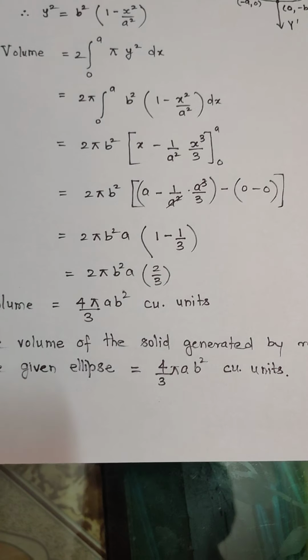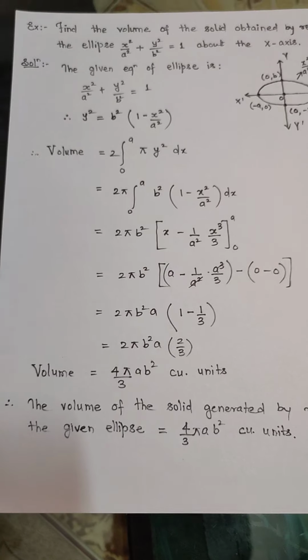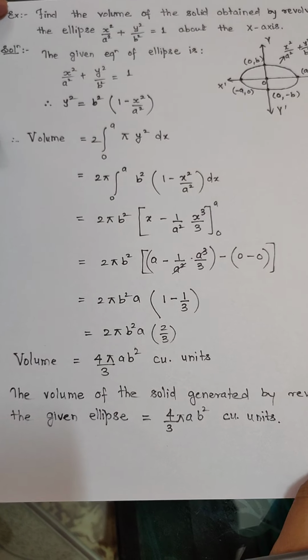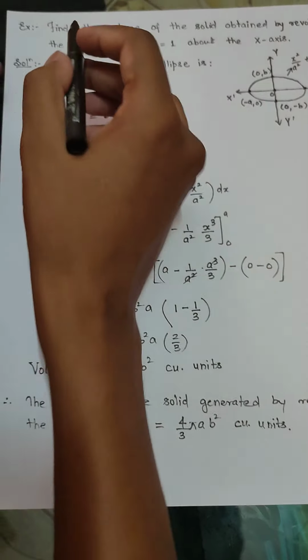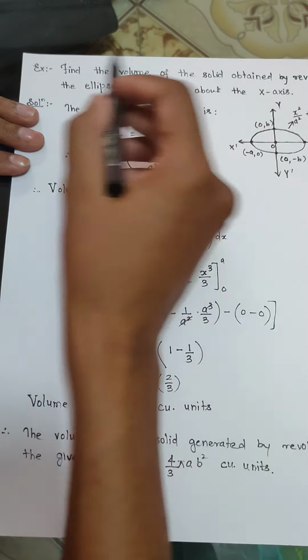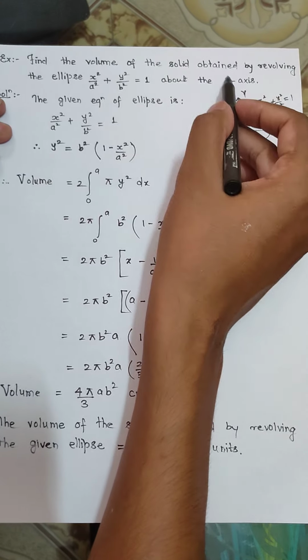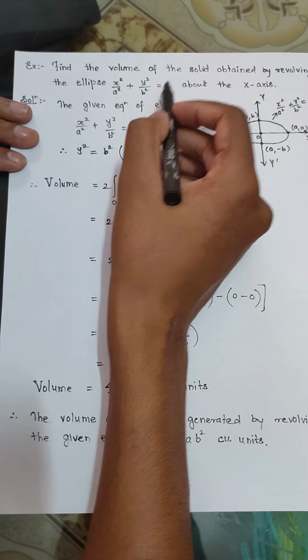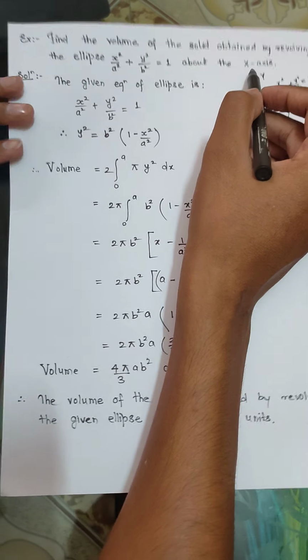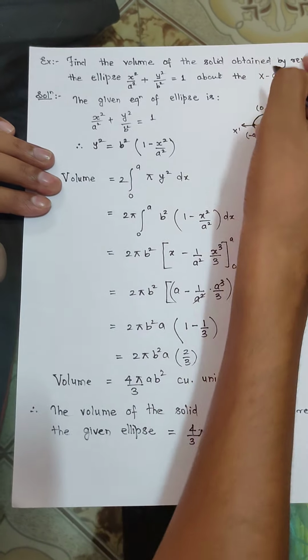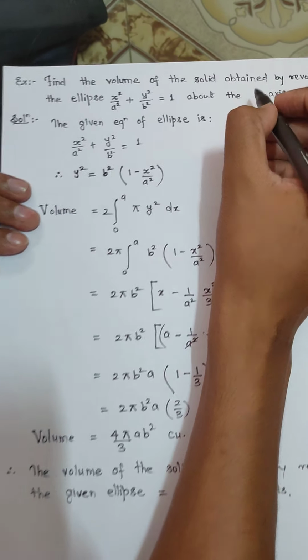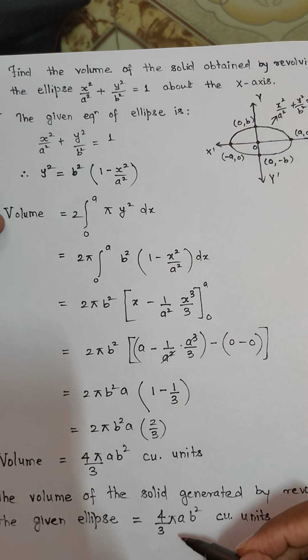Okay, now try this problem I would like to give you. I want you to solve the same problem. Find the volume of the solid obtained by revolving the ellipse about the y-axis. So you can try the same example. The only change is that we found the volume about the x-axis.